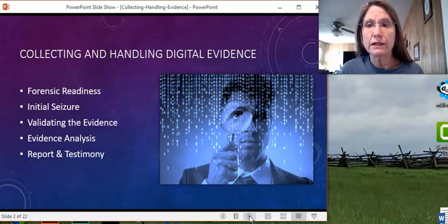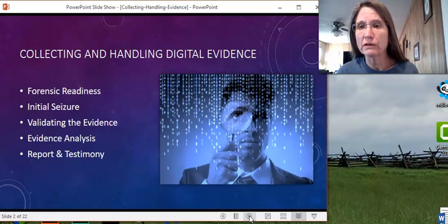When an incident occurs, of course, we'll start with the initial seizure of components, sort of like a virtual crime tape around the scene. Then we must, of course, validate the evidence. Once that evidence is validated, and we'll discuss some techniques to do that validation, we will need to study and analyze that material.